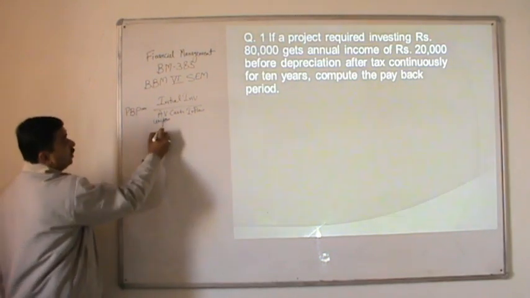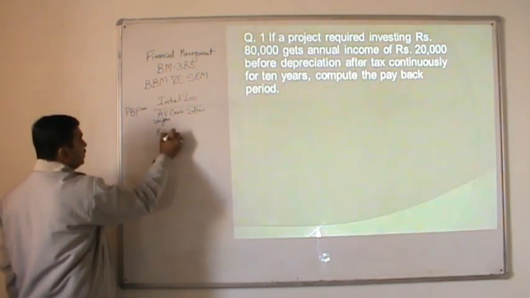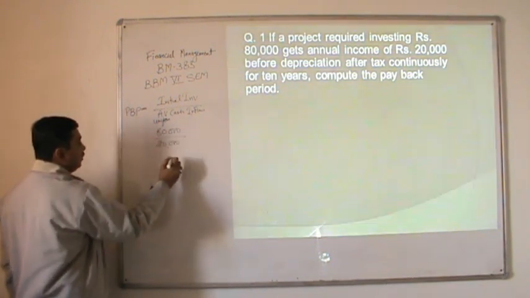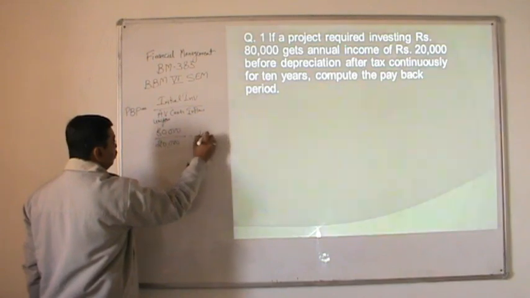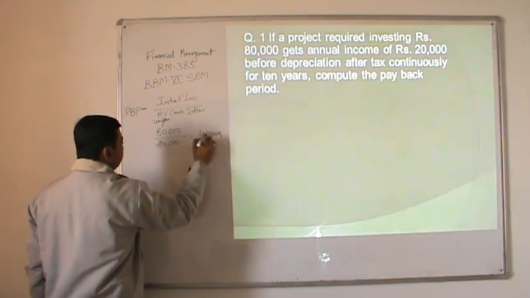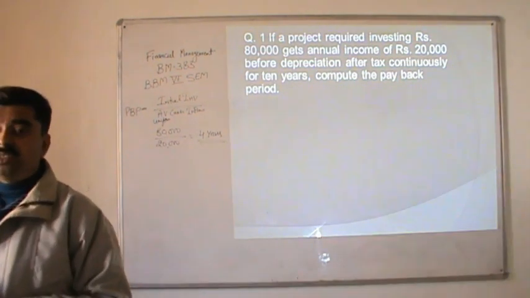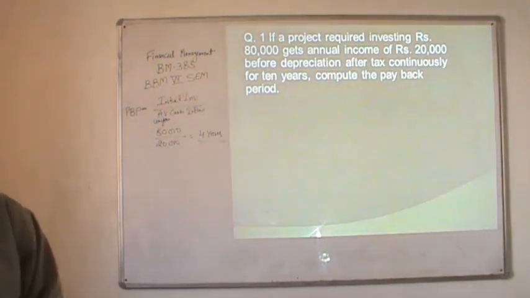So here we have 80,000 rupees as the project cost and 20,000 rupees is what we are getting. So it is equal to 4 years, which means that the payback period of this project is 4 years. If the payback period is 4 years, that means whatever we have invested, we will get it back in 4 years.